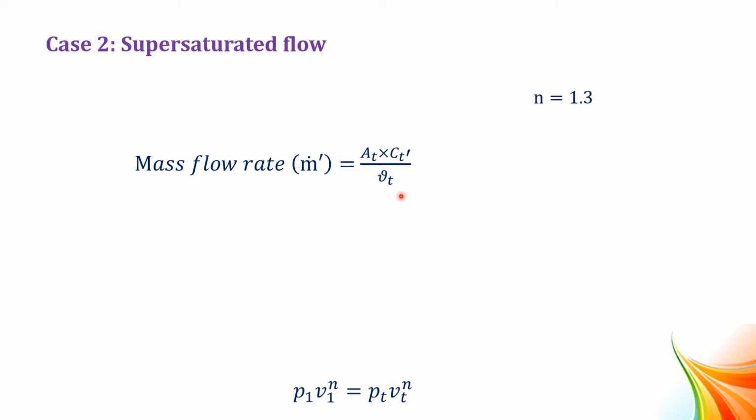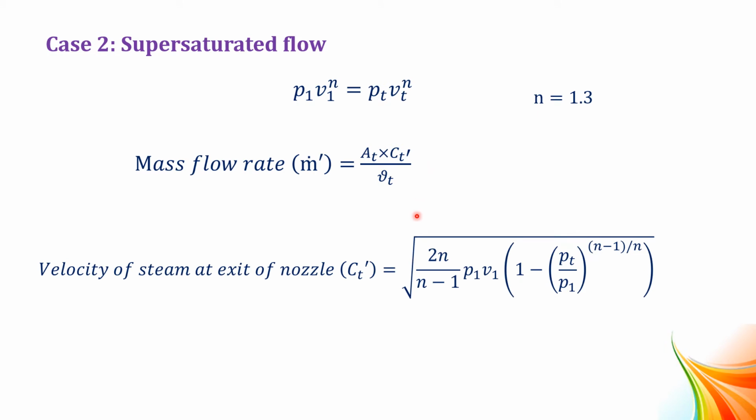Now case 2, supersaturated flow. So we know if the flow is supersaturated, then the value of n equal to 1.3. The mass flow rate m dot dash equal to At Ct dash divided by Vt. Here Vt value we can find out using this relation P1 V1 power n equal to Pt Vt power n.